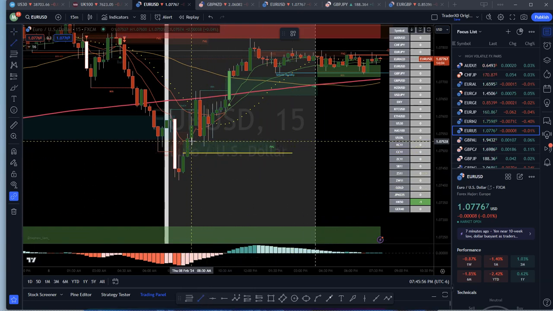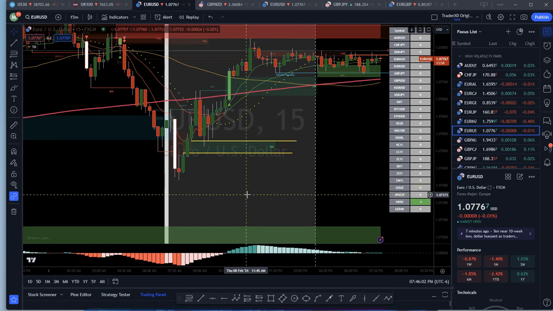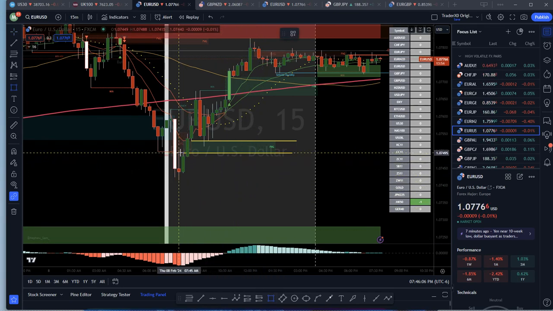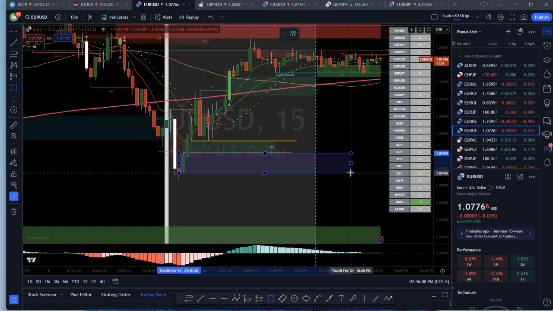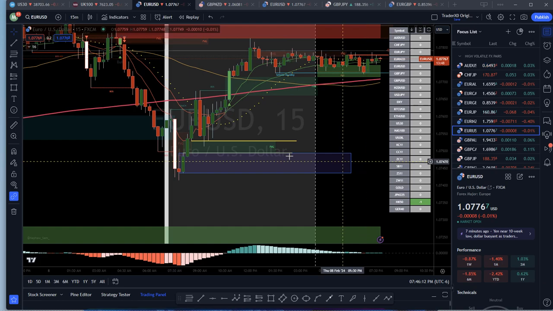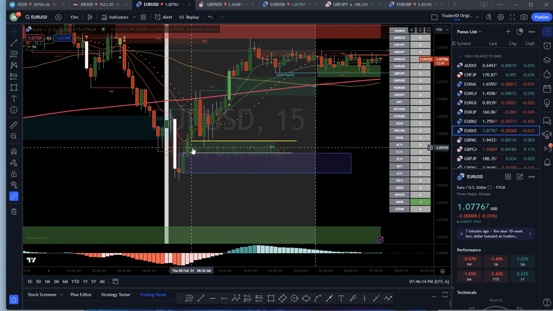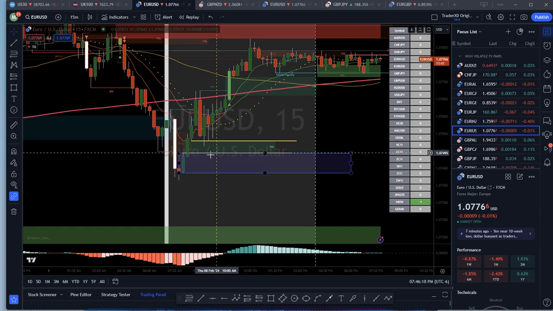Okay, and here. The zone would have been right here, from this candle here. What you wanted to do is see price come back down here for a good entry. If not, that's okay.